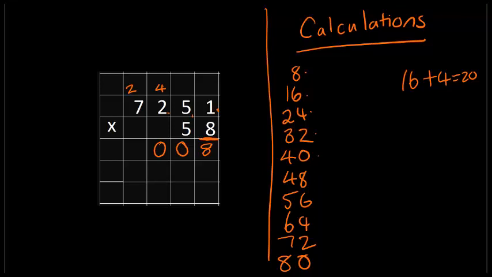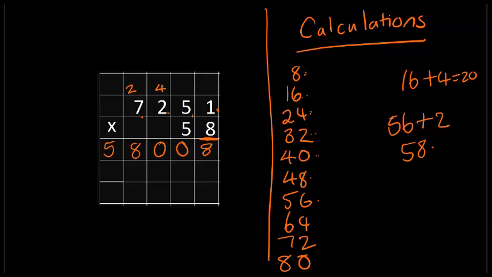And then finally 8 times 7, which is going to be 1, 2, 3, 4, 5, 6, 7, 56. So we're going to say 56 plus 2 gives me 58. And that's my answer for the first line. So 7,251 multiplied by 8. Step 1 complete.